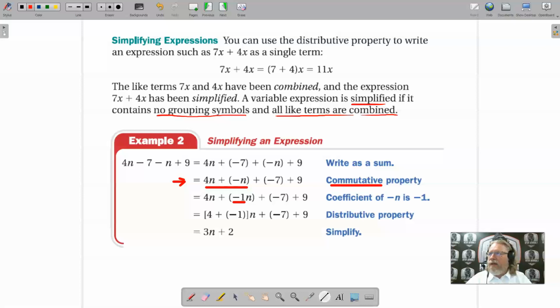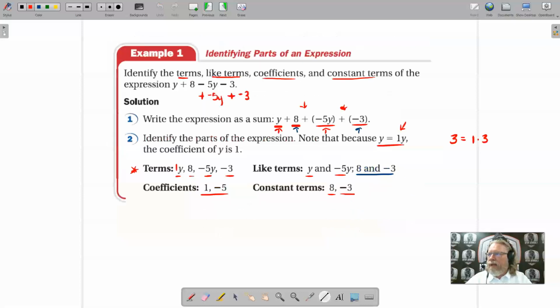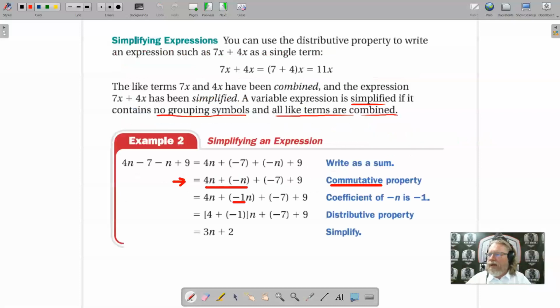Just like where we threw the 1 in front of the coefficient y, we do the same thing here and put the negative 1 in there with the n. Actually, the negative was already there, but nonetheless. So let's go ahead and move on. So we have that there.